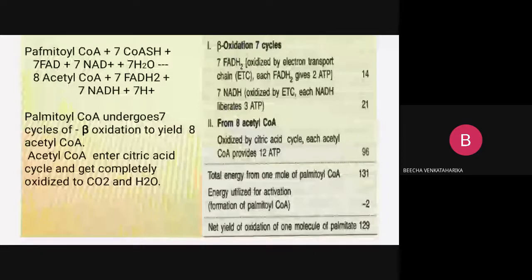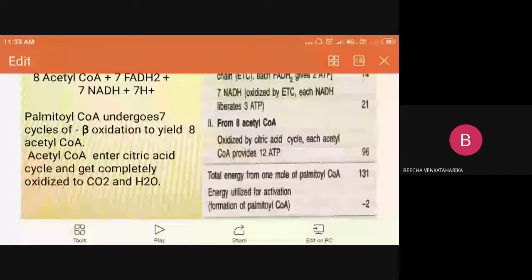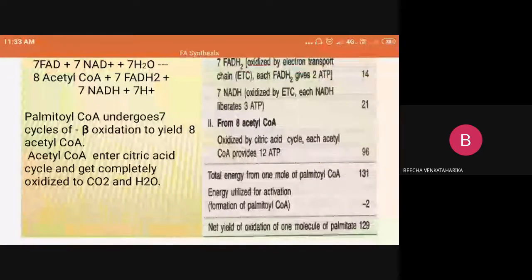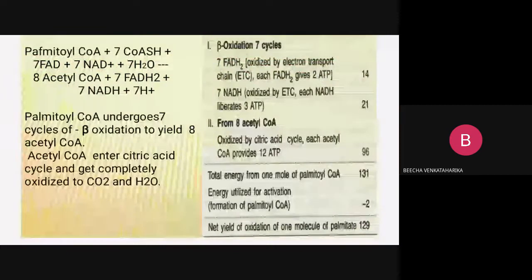So in this resultant cycle, 8 acetyl-CoAs plus 7 FADH2 plus 7 NADH2. 7 FADH2 means 1 FADH2 is equal to 2 ATPs, 7 into 2, 14 ATPs. Next, 7 NADH2 means 7 into 3 ATPs is 21. 8 acetyl-CoAs means each acetyl-CoA enters the TCA cycle, that gives 12 ATPs. 12 into 8, 96 ATPs.